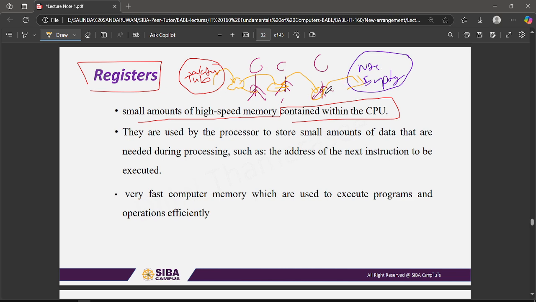So this is a similar concept. The register is like your hand. It will only store a small amount of data, and it's very fast. Here when you do something like this, you can quickly send water.